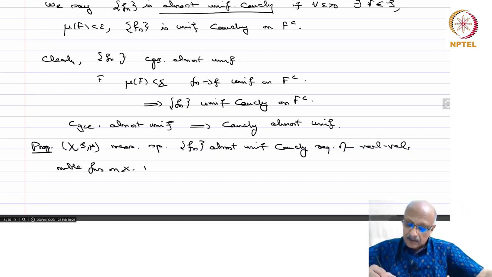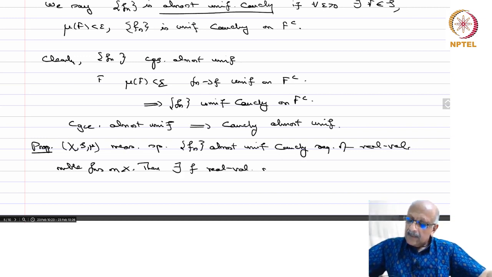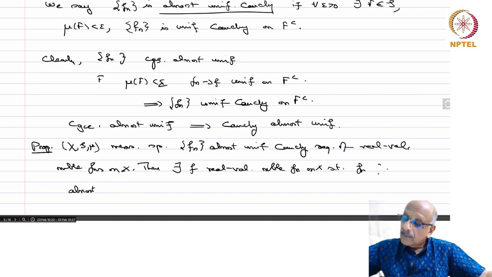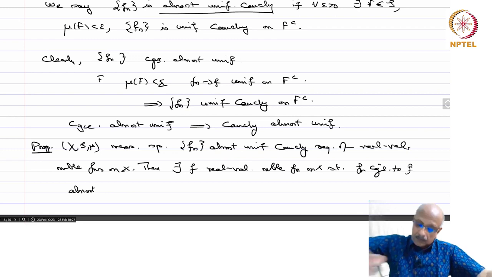Then there exists f, a real valued measurable function on X, such that f_n goes to f almost uniformly.